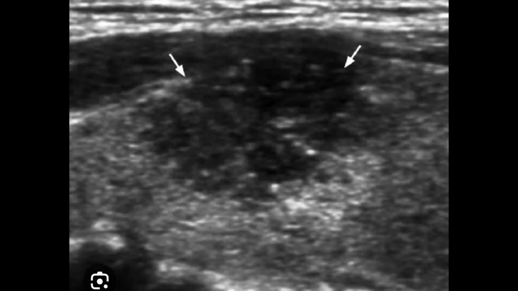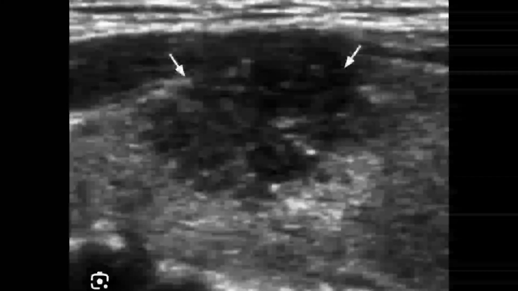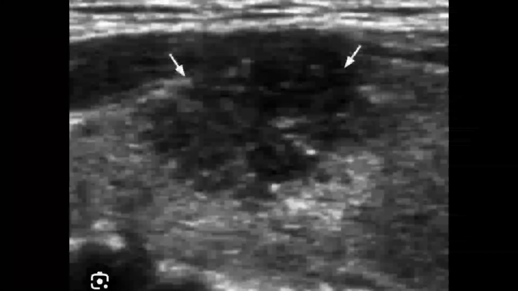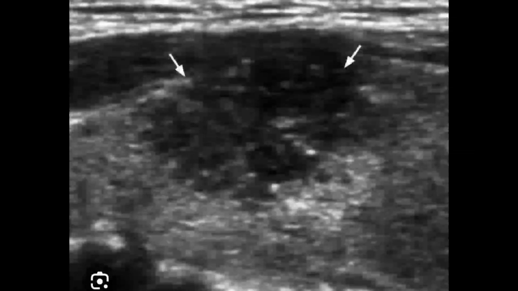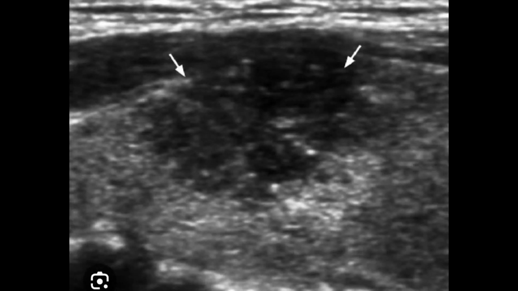This is fitting one criterion, and it is hypoechoic even compared to the strap muscles. So this is the second criterion for its suspicion. And the third criterion is to pay attention to its outer margin, which appears to be lobulated. So if it is lobulated and hypoechoic, this will make it a suspicious nodule, and this is a classical example of a U4 suspicious nodule.